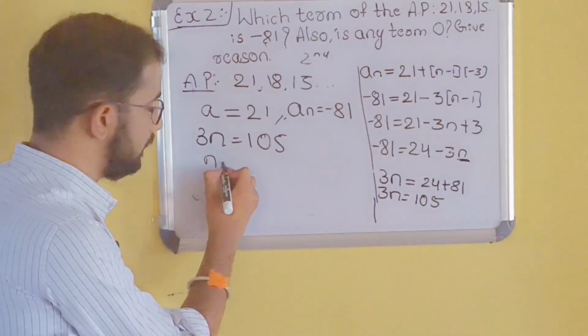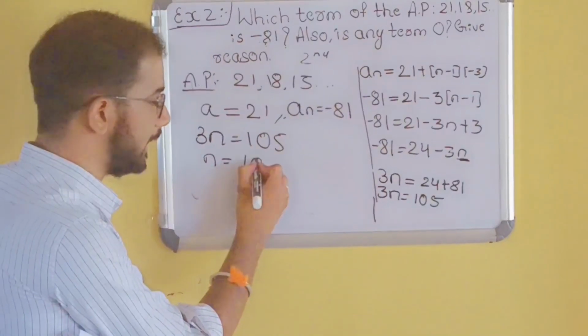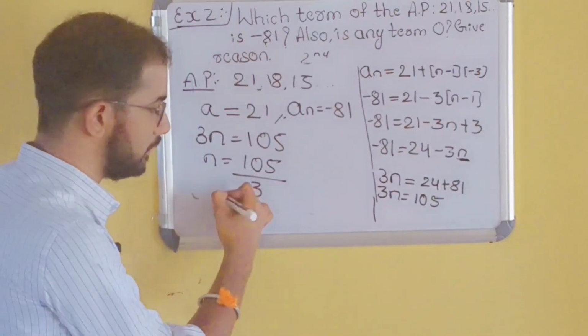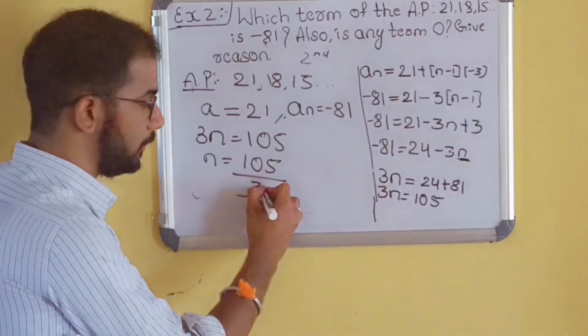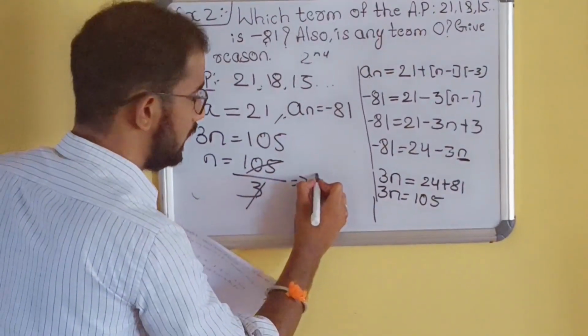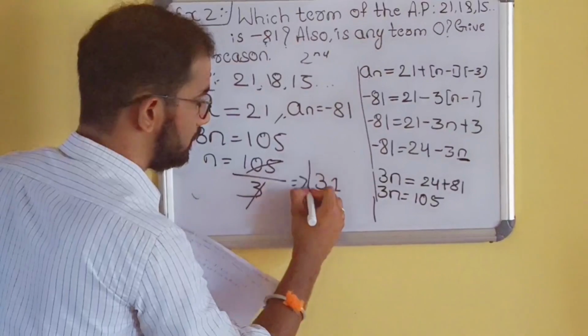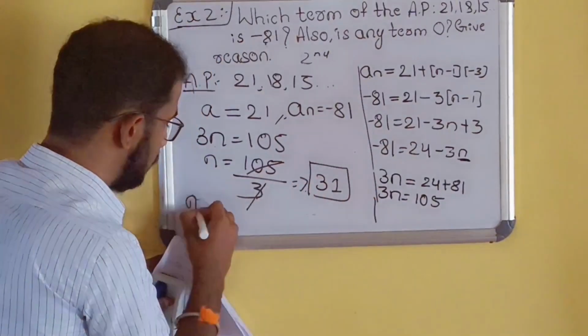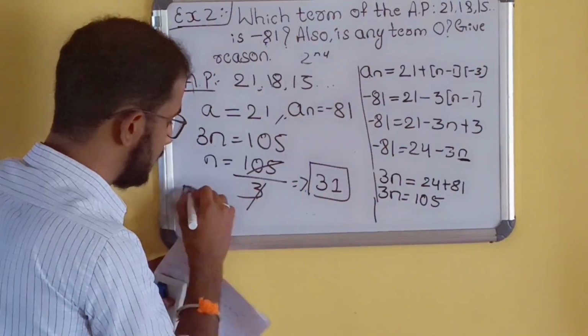If I shift this 3, it becomes divided by 3. If you divide, the value we get is 35. Now the value of n is 35.